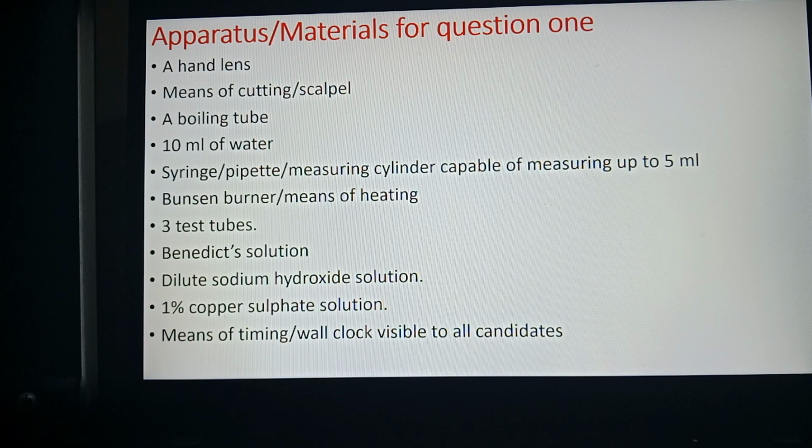You require a hand lens, means of cutting or a scalpel, a boiling tube, 10 mls of water, syringe or pipette or measuring cylinder capable of measuring up to 5 mls, Bunsen burner or means of heating, 3 test tubes, Benedict's solution, dilute sodium hydroxide solution, 1% copper sulfate solution, and the means of timing, a wall clock visible to all candidates.